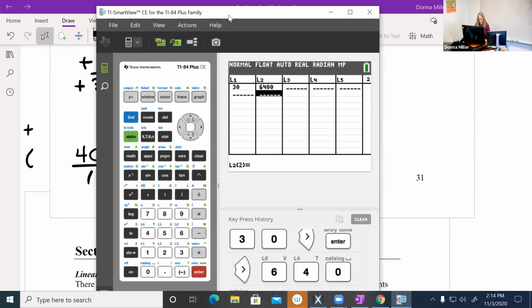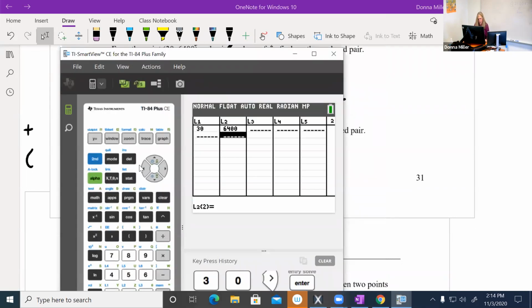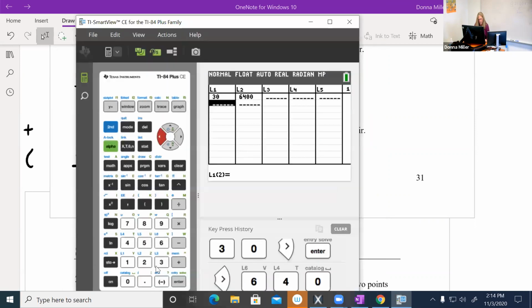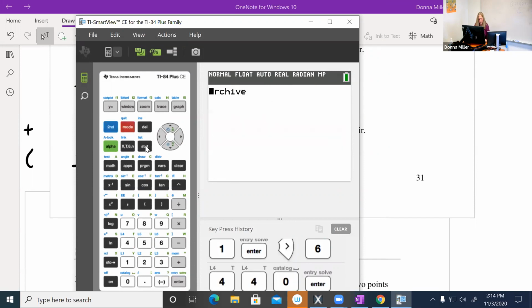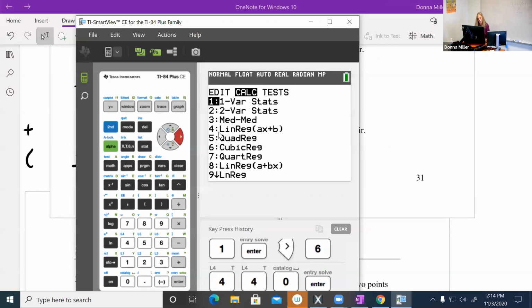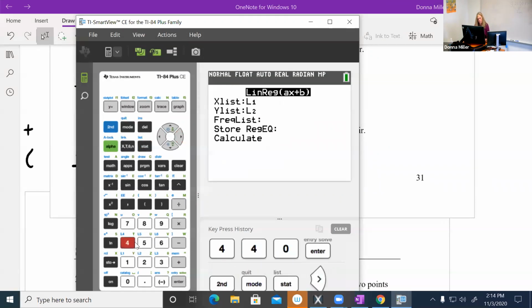And the other point was 31, 6440. And then I'm going to quit. So I hit second quit. Then I go to stat, go over to calculate, and I want LinReg, number 4. And go down to calculate.